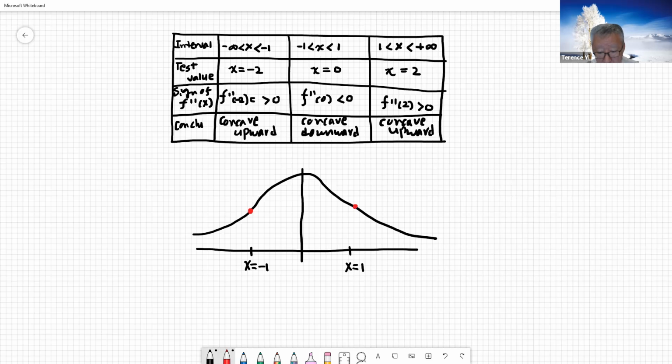Up to the x equals minus 1 inflection point, if you look at the graph, it's opening upward, so that's why we have concave up.